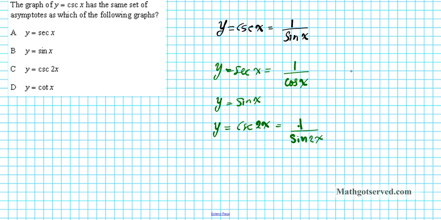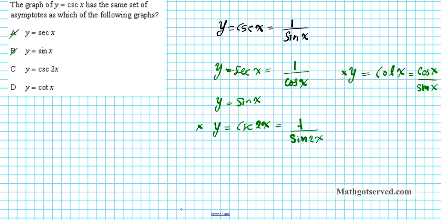Now last but not the least, y equals cotangent x is equal to, let's see, what is this again? It's cosine x over sine x. Okay? So this one and this one, they both have a sine in the denominator, so we know it can be A or B. But which of them is the correct answer?